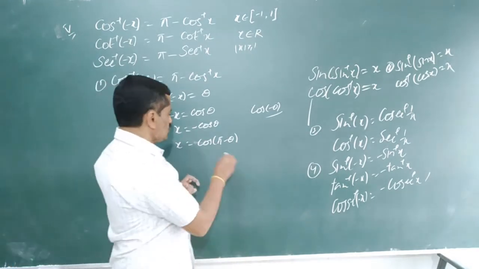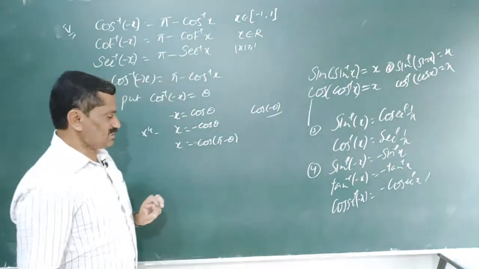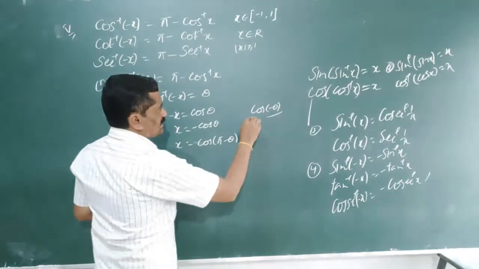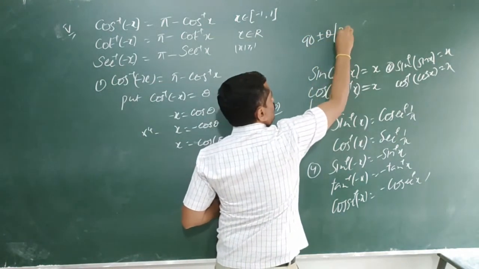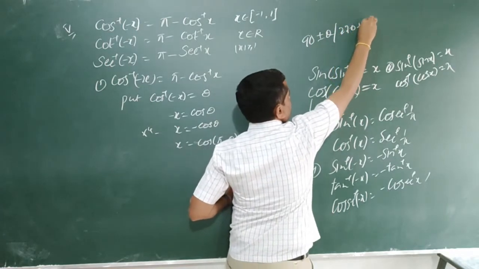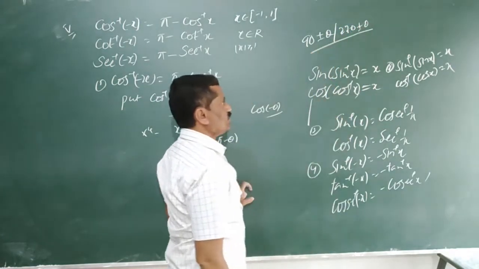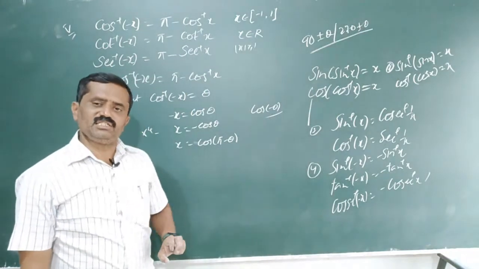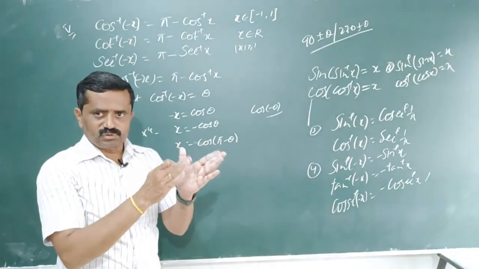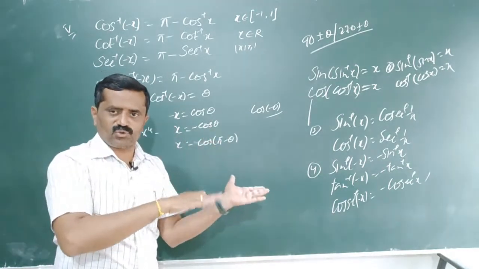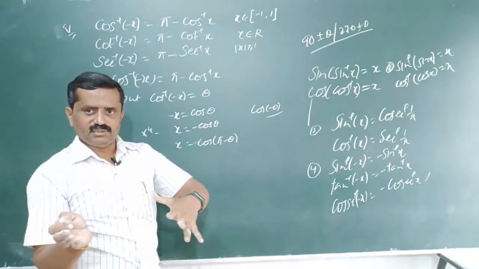We know that, already explained to you, when it is 90 plus or minus theta, or 270 plus or minus theta, here the ratio changes to its co-ratio, that is sin to cos, cos to sin, tan to cot, cot to tan.